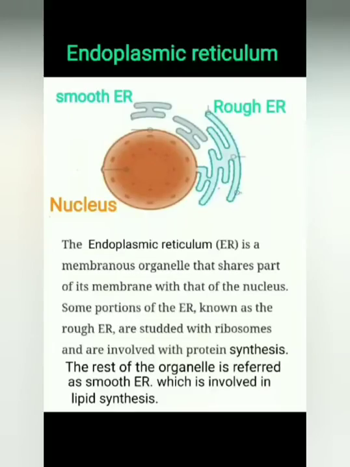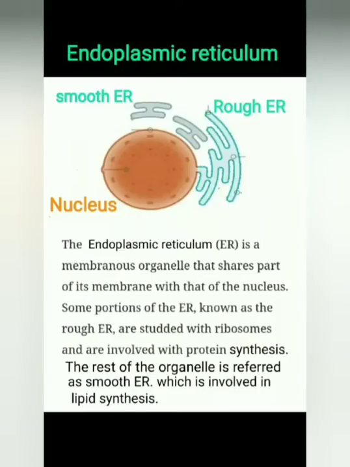Now I will explain the cell organelles. First is endoplasmic reticulum. Endoplasmic reticulum is a membranous network enclosing a fluid-filled lumen which almost fills up the intracellular cavity. It is of two types. First is rough endoplasmic reticulum, which is RER. It contains ribosomes on its surface and it helps in protein synthesis.